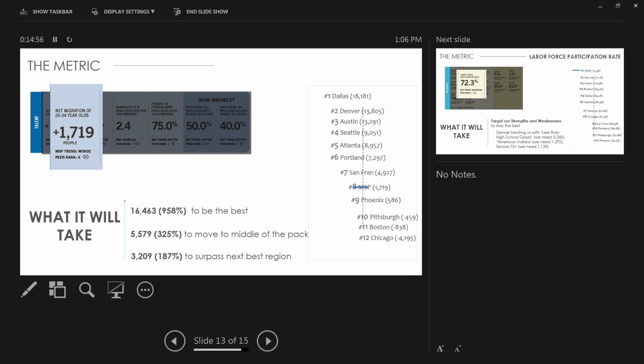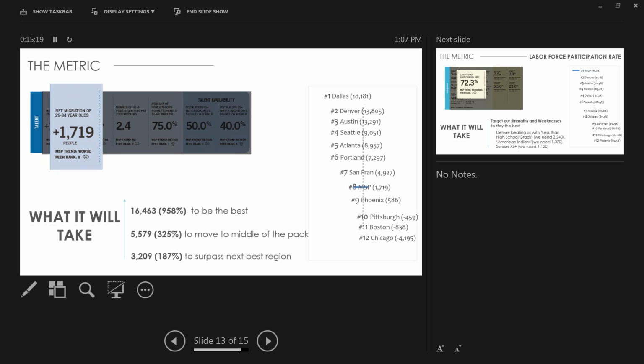To do the best in the group with Dallas, or just to move up one spot above San Francisco, we'd need to create 100 jobs. So we're working on partnerships like MSP to help attract workers and also encourage them to stay in the region, not leave after a year or two.